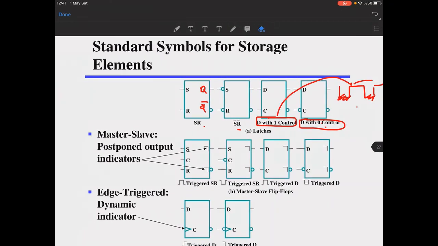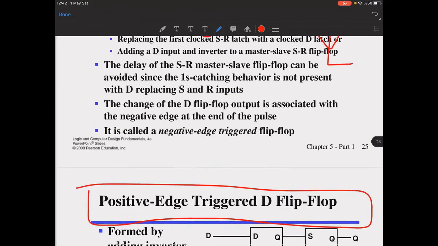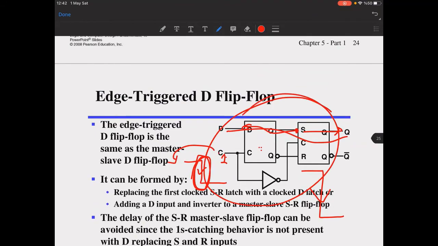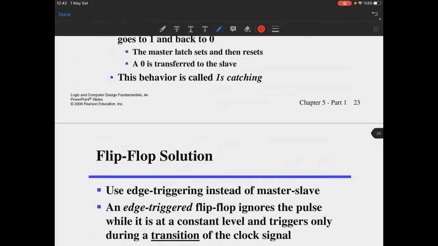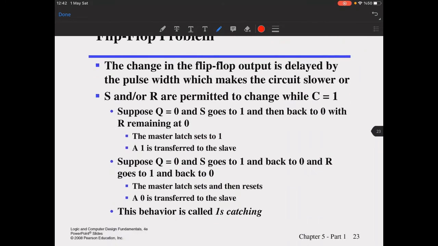And the ones below are the master slave flip-flops: this is the positive triggered one, negative triggered one, and this is positive triggered D1, and this is negative triggered D1. These are your master slave structures, the versions of it.